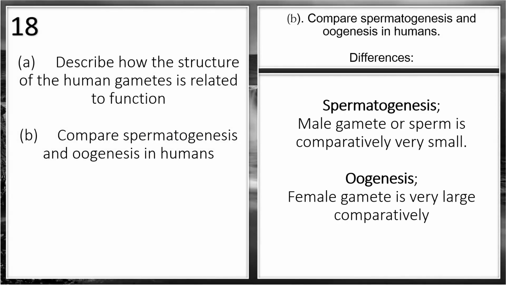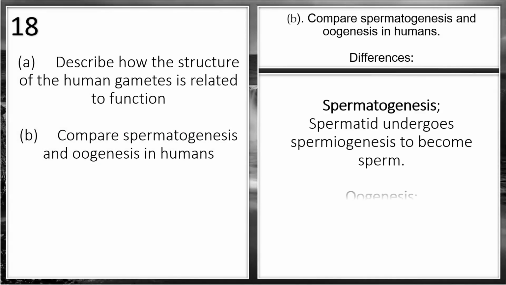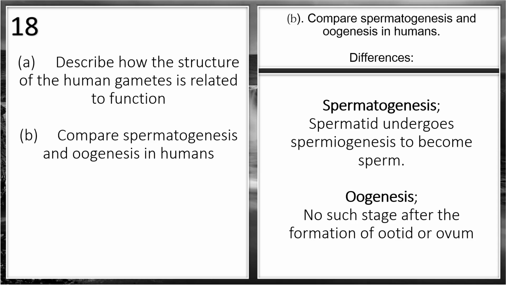In spermatogenesis, the male gamete or sperm is comparatively very small, whereas in oogenesis, the female gamete is comparatively very large. In spermatogenesis, spermatids undergo spermiogenesis to become sperms.